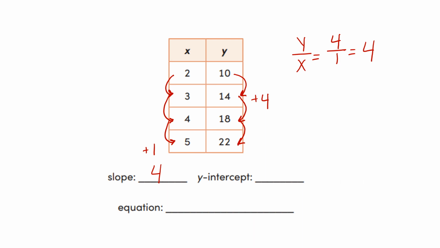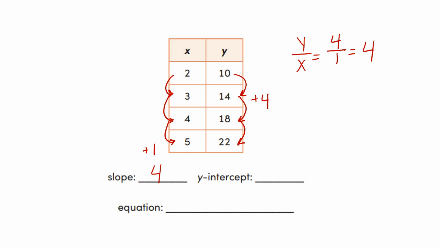Now, what we can do is plug in our values and solve our equation to find our y-intercept. We're taking our pattern and working backwards to get to 0.